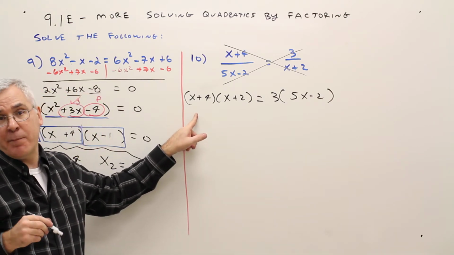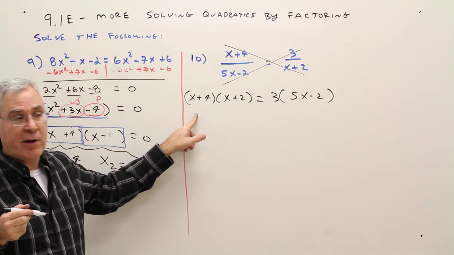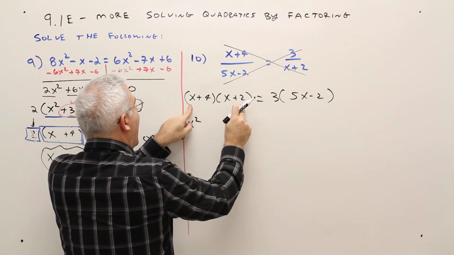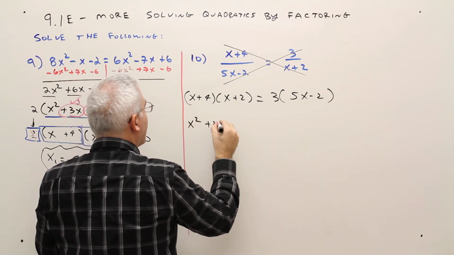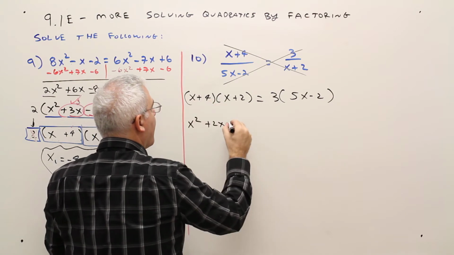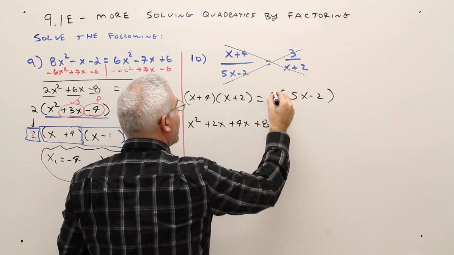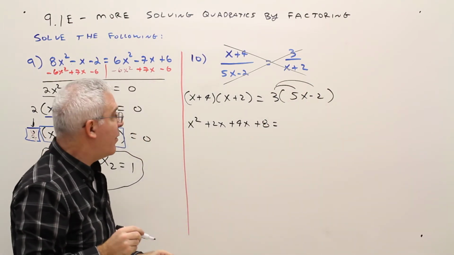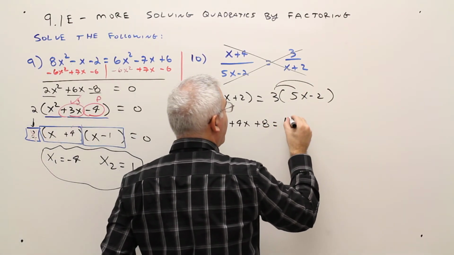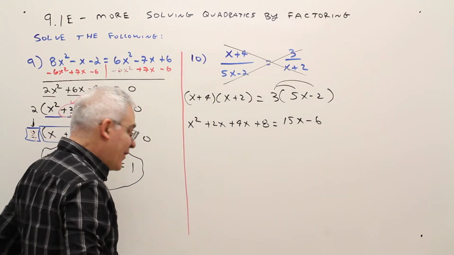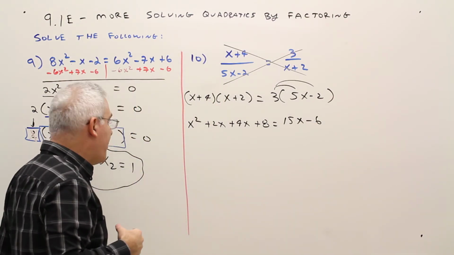Over here I'll use FOIL, first, outer, inner, last. First, x squared, outer, plus 2x, inner, plus 4x, last, plus 8. Over here I'll just simply distribute, equals 15x minus 6. Okay. Once again, let's go to standard form.